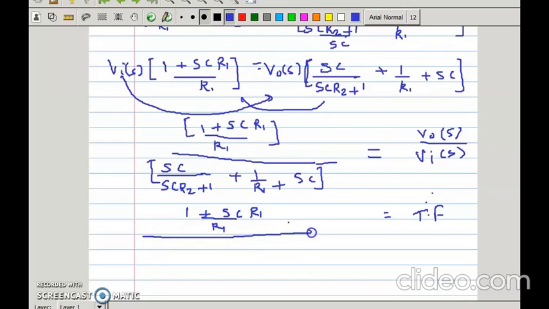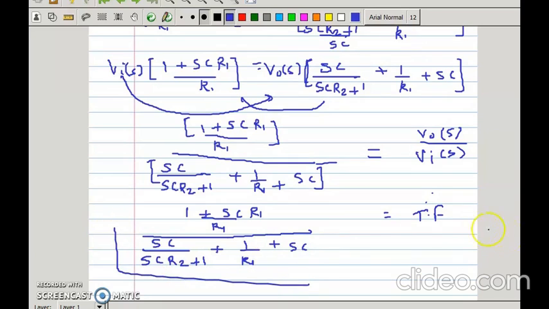Can we take cross multiplication? It is very difficult to reduce. The better way is to put it as it is. So this is your final answer.